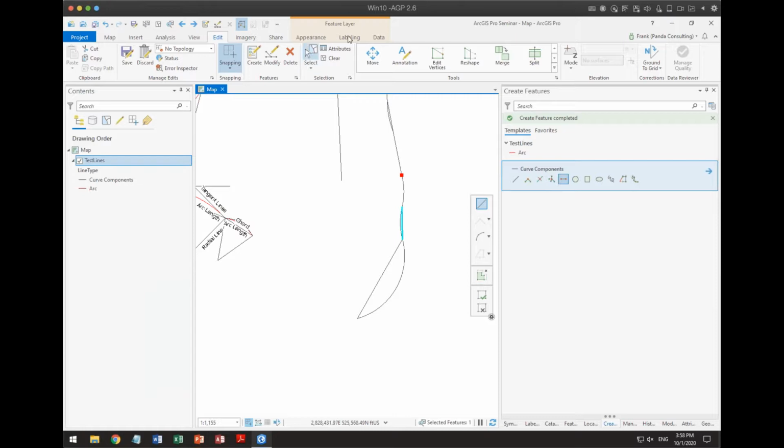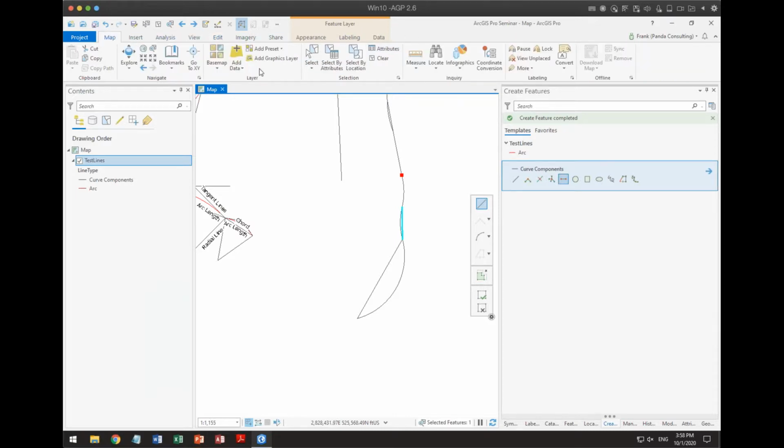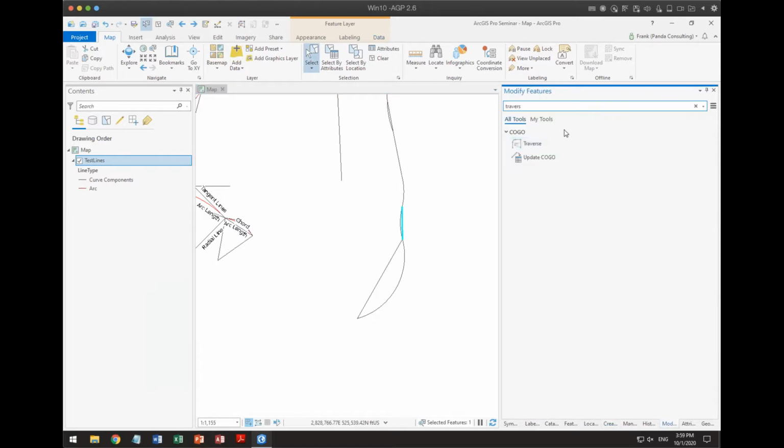Let me see if I can go into a new, share a new element in here. Measure distance, measure offset. Can't do that. Modify here. I think we have intersects.